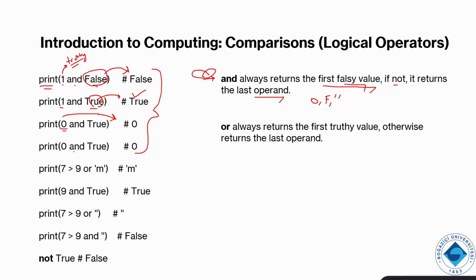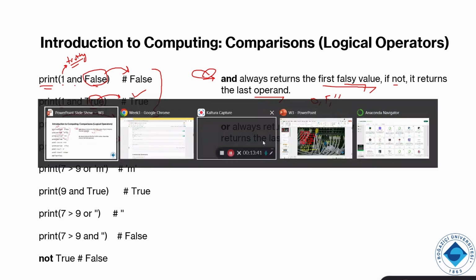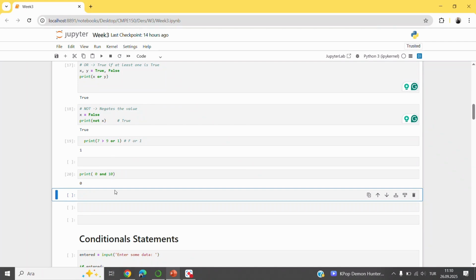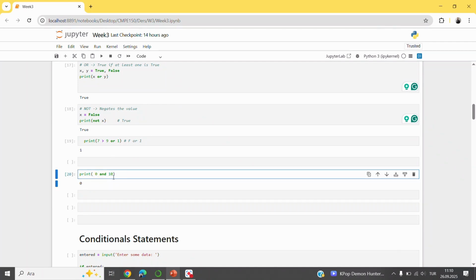And again here, it is the same example, so 0. And let me try to give an extra example here. If we go to Anaconda, let me find this example. For example, it's AND operators again, and our first false value is 0, so it will return 0.